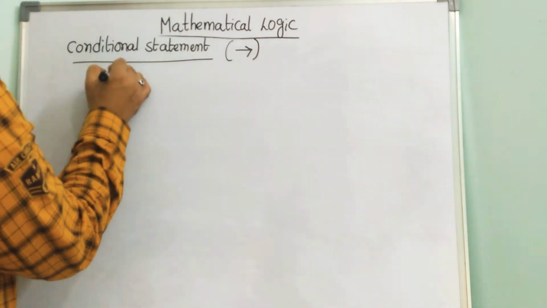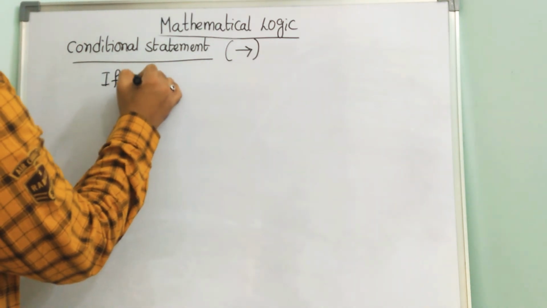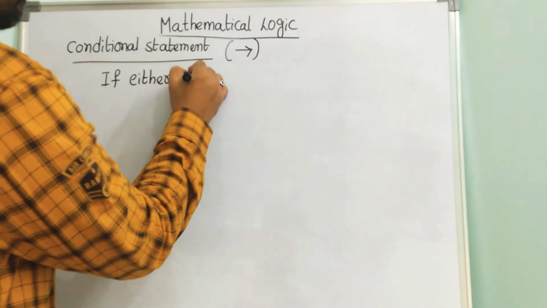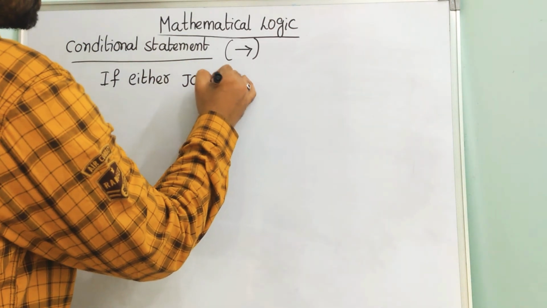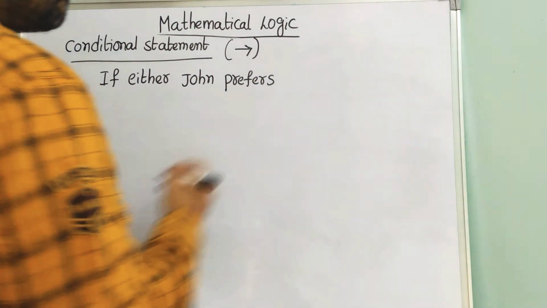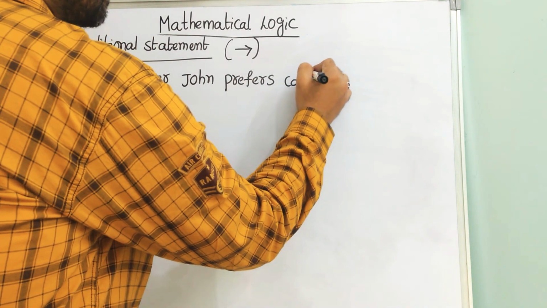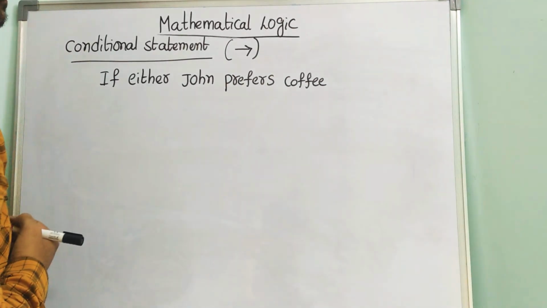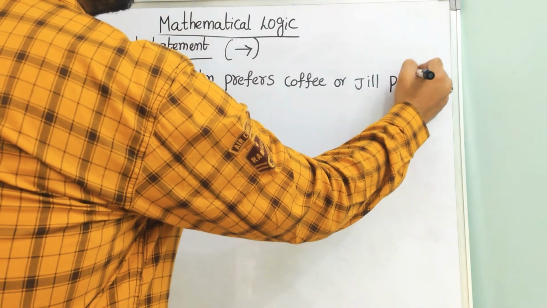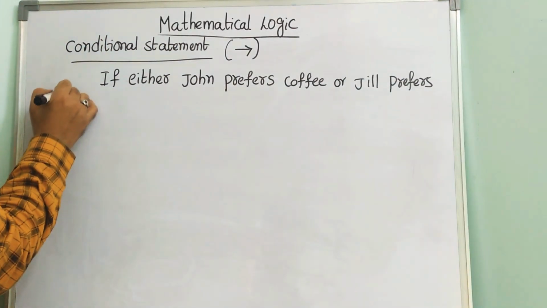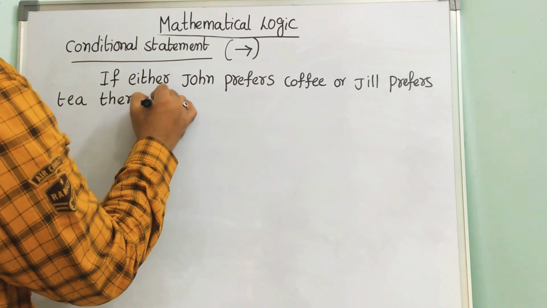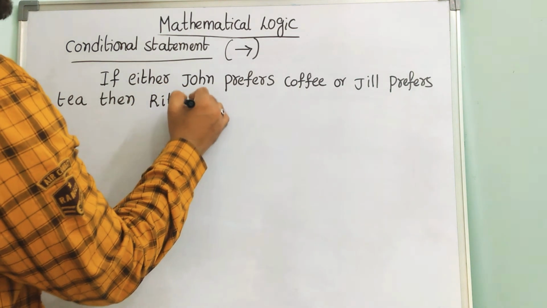So the statement is: if either John prefers coffee or Jill prefers tea, then Rita prefers milk.